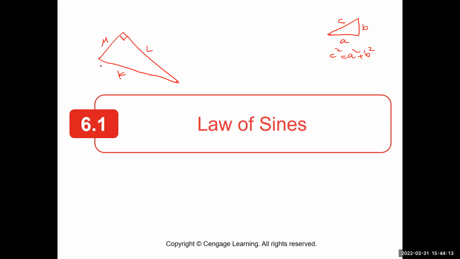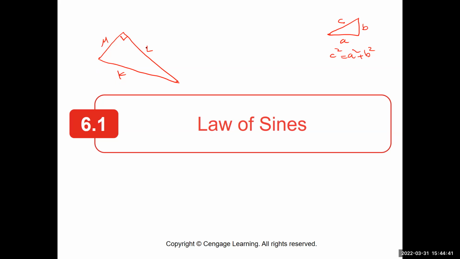But I don't have A, B, C here. What do I do? And this triangle is kind of flipped around in space. Am I okay to use the Pythagorean theorem here? Yes, it is okay, because you can rotate a triangle in the plane and it doesn't change anything. It's still a right angle triangle. But how do I use this?